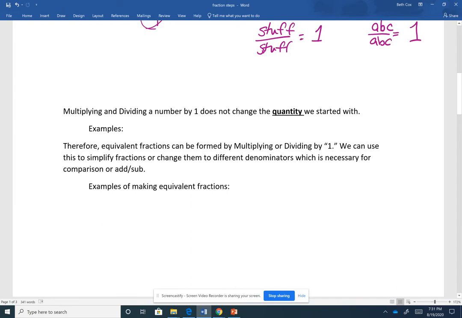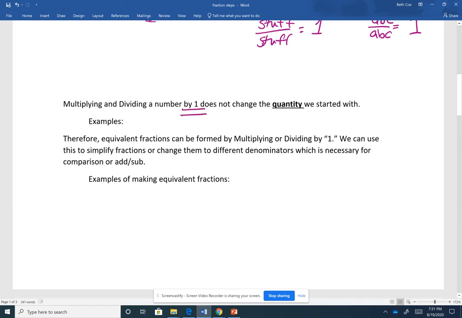When you multiply and divide a number by 1, it doesn't change what we have. You know that 3 times 1 is 3. Well, if I have a fraction 1/2 and I multiply it by, say, 8 over 8, that gives me 8 over 16.